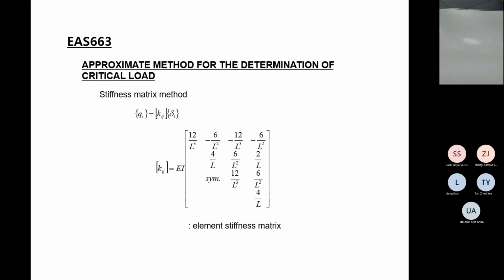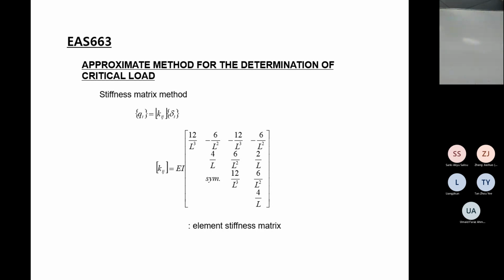Ij means row I, column J, and this is a 4 row, 4 column matrix. And here symmetry means the row here is replicated here as a column, the row here as the third column; they are the same.